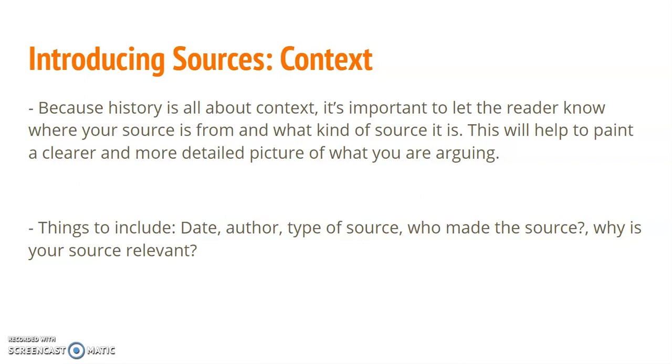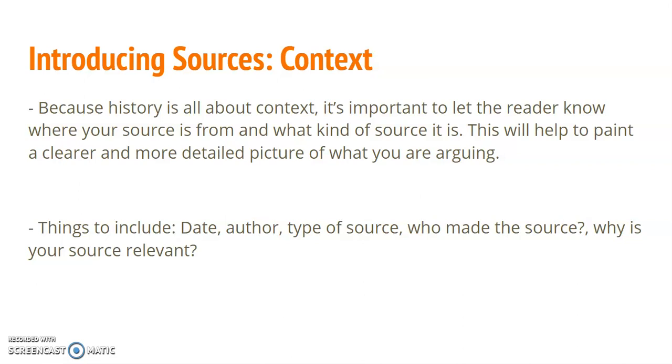Context helps to paint a clear and more detailed picture of what's happening within your argument. We know that things don't happen in a vacuum. There are a lot of different factors affecting things at one time, which shapes the outcome of historical events. So it's important to let the reader know what those different things are so they can have a clearer picture of what you're arguing.